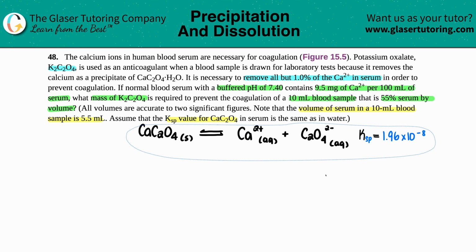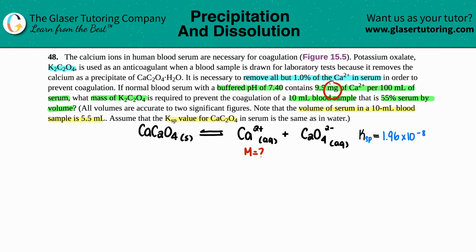Okay. So now let's work with what we have. Remember, if we want to use Ksp values and we want to put a value for the calcium, this has to be in molarity, right? So I need a molarity value. So molarity of the calcium equals question mark. They gave me 9.5 milligrams of calcium.